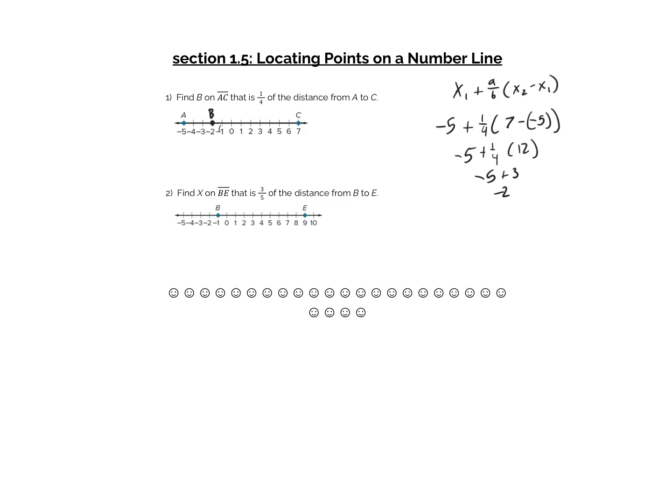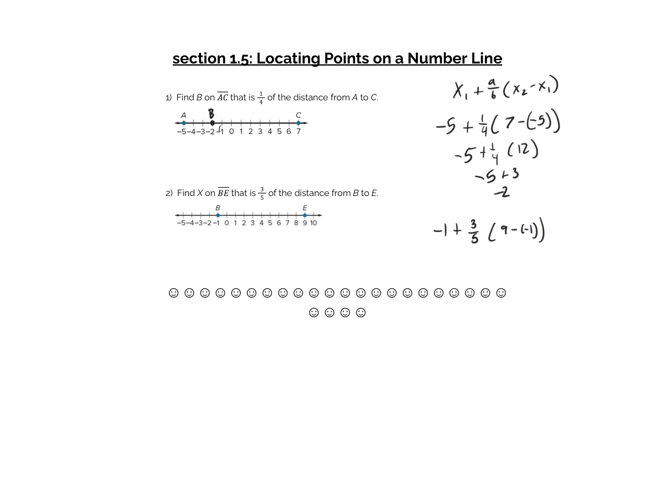So now find x on segment BE, that is 3/5 of the distance from B to E. Alright, so again, we're just going to follow this formula, plug it in. So -1 plus our fraction of 3/5 times our second x minus our first x, so it's -1.